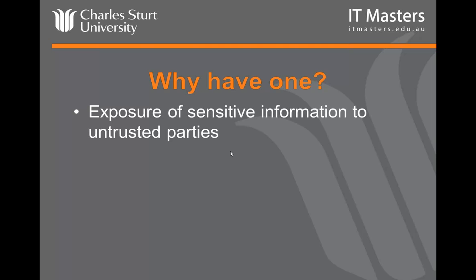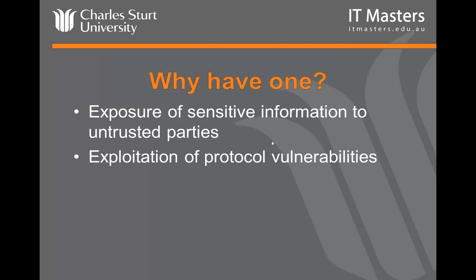Okay, so second point, exploitation of protocol vulnerabilities. You can configure your firewalls to inspect certain protocols to make sure that they're compliant with the standards for that protocol across multiple layers in the OSI model. You can also control the amount of time it will allow for a normal connection sequence before dropping a certain connection.